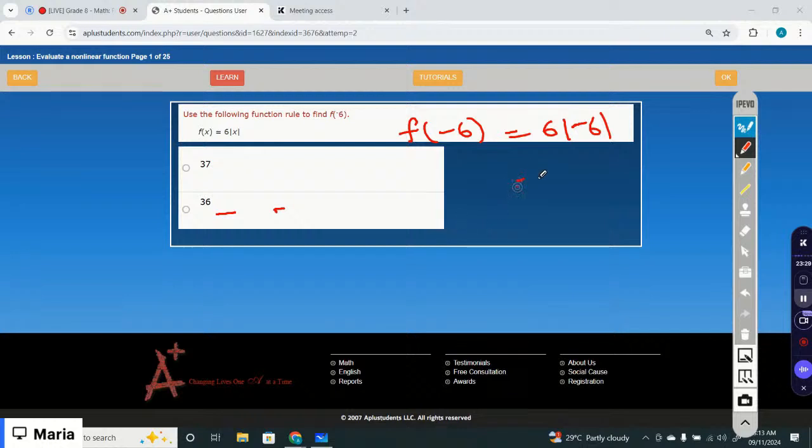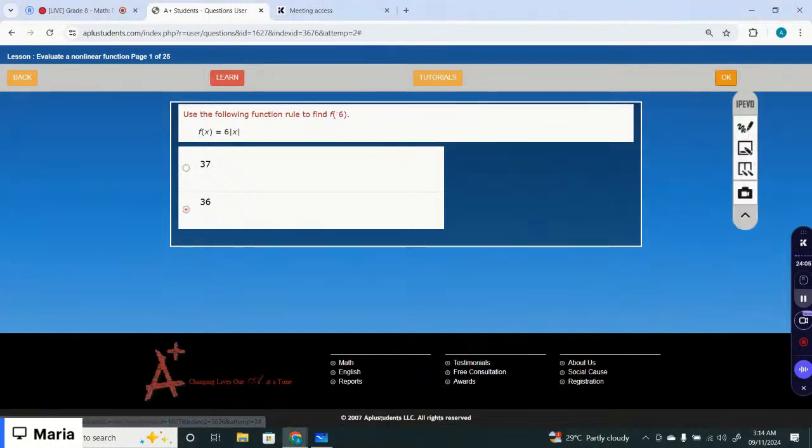Absolute value of negative 6 is 6, so that is 6 times 6. The correct option is 36. Option number 2 is the correct option, right? Okay, let's just move on to the next question.